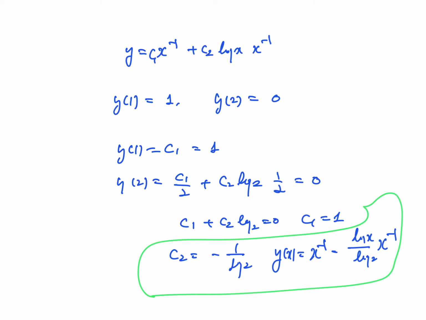So, another interesting case. x² d²y/dx² + x dy/dx + y is equal to 0.